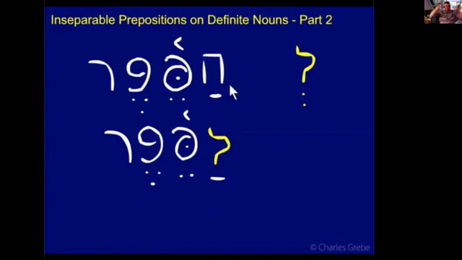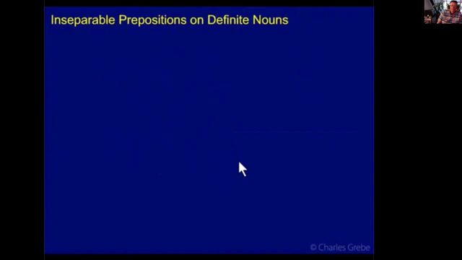You simply replace the hey with the appropriate consonant from le, be, or ke, and all the other features remain. So if you have implied doubling, then you'll still have implied doubling with the lamed, or compensatory lengthening, or just simple dropping of the dagesh omitted, or harmonization. So let's look at a couple of examples.